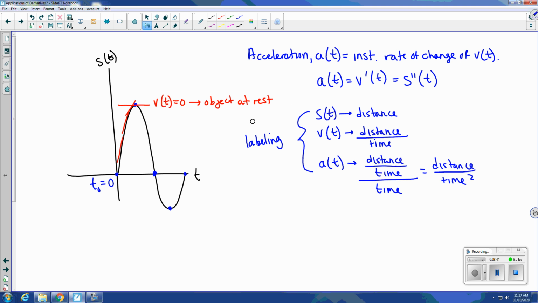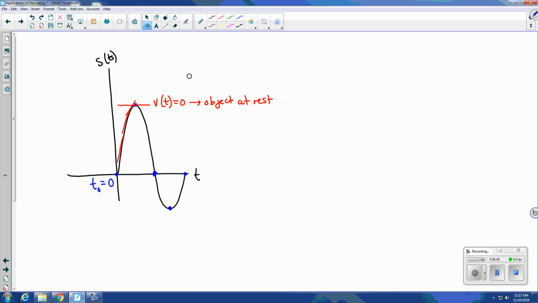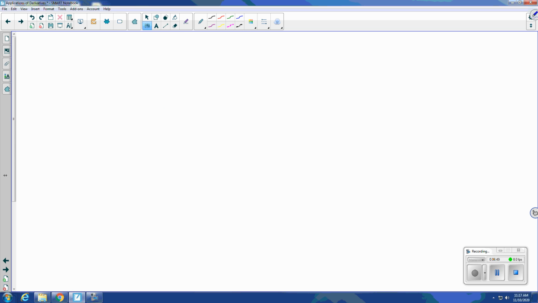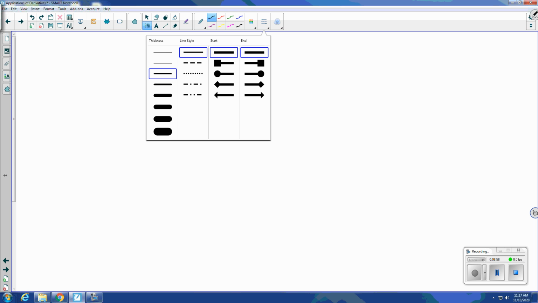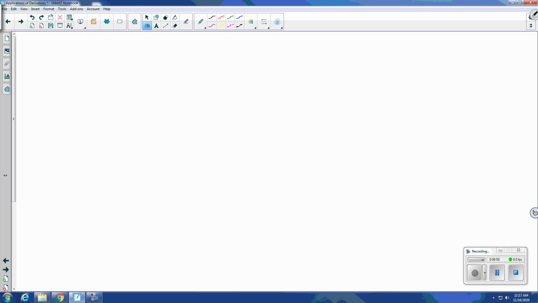Now, what does acceleration help us determine? Well, if I know velocity and I know acceleration, then I can determine whether or not an object is speeding up or slowing down. And what I have to consider when answering that question is that velocity and acceleration are vectors.